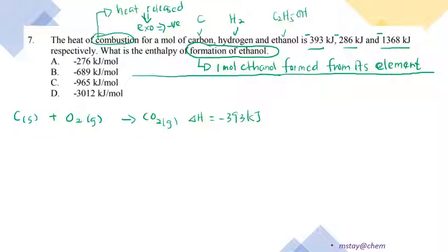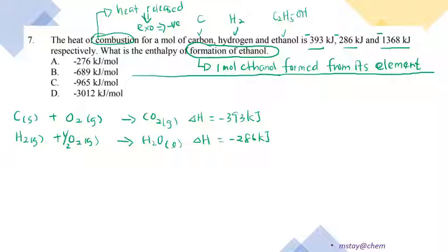Next, we're going to write the combustion of hydrogen gas. Combustion of hydrogen gas will produce H2O liquid. So here we need to put 1/2 mole of oxygen gas. The enthalpy is negative 286 kilojoules.